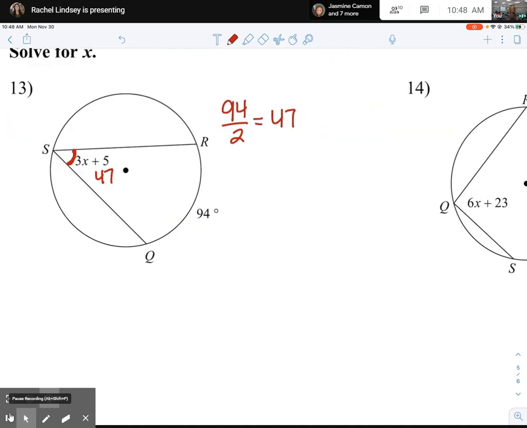So since that angle equals 47, I'm going to have 3x plus 5 equals 47. You could have also done it a different way. You could have just plugged it straight into the formula. 2 times 3x plus 5 equals 94. There's just a little bit more algebra with that.